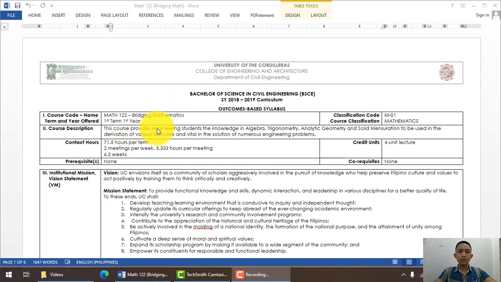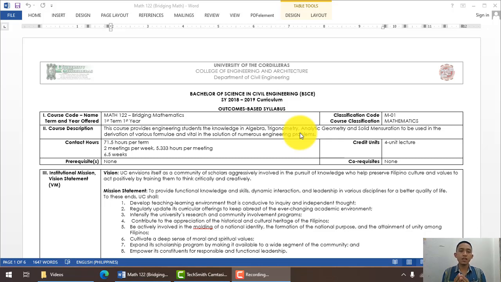So this course provides engineering students the knowledge in algebra, trigonometry, analytic geometry, and solid mensuration to be used in the derivation of various formulas and vital in the solution of numerous engineering problems. Okay, since you will be enrolling in engineering, it doesn't matter what field of engineering, this will be general.